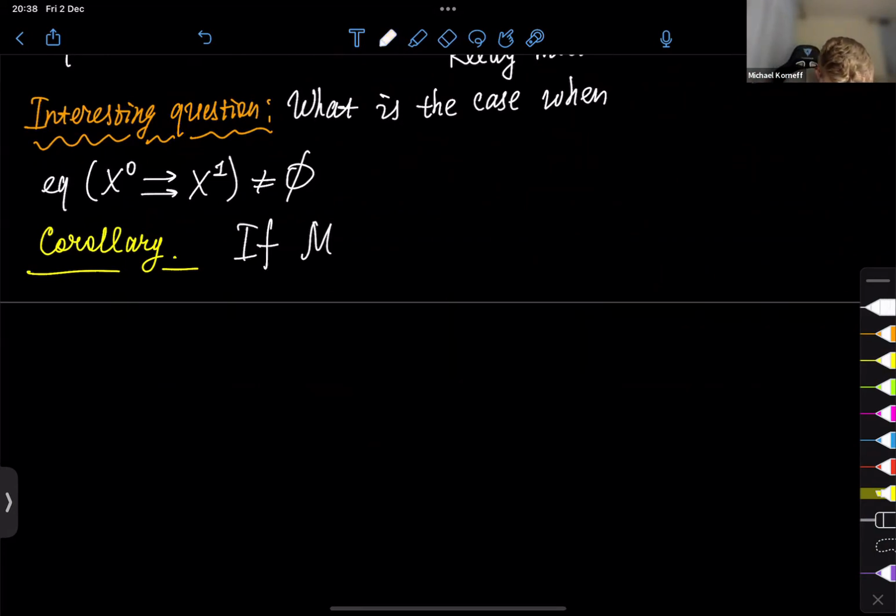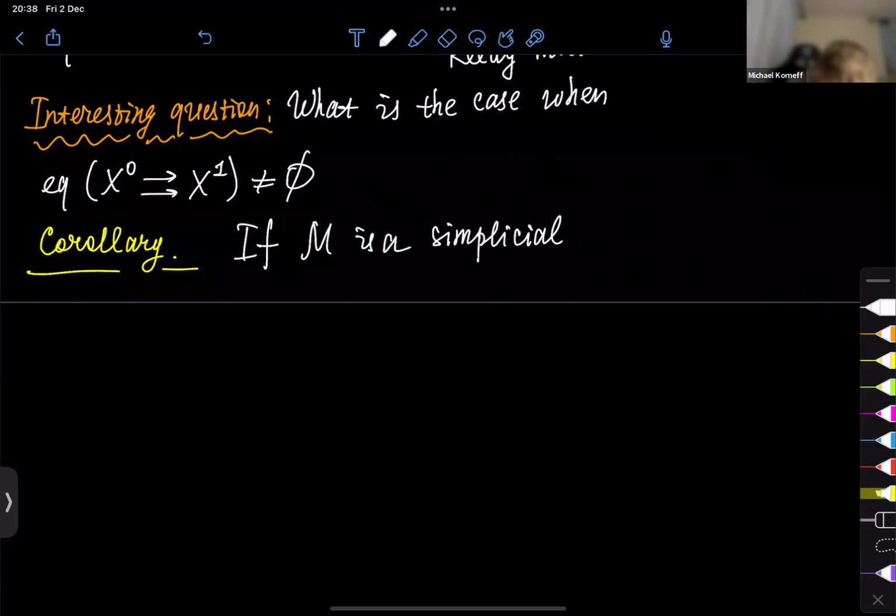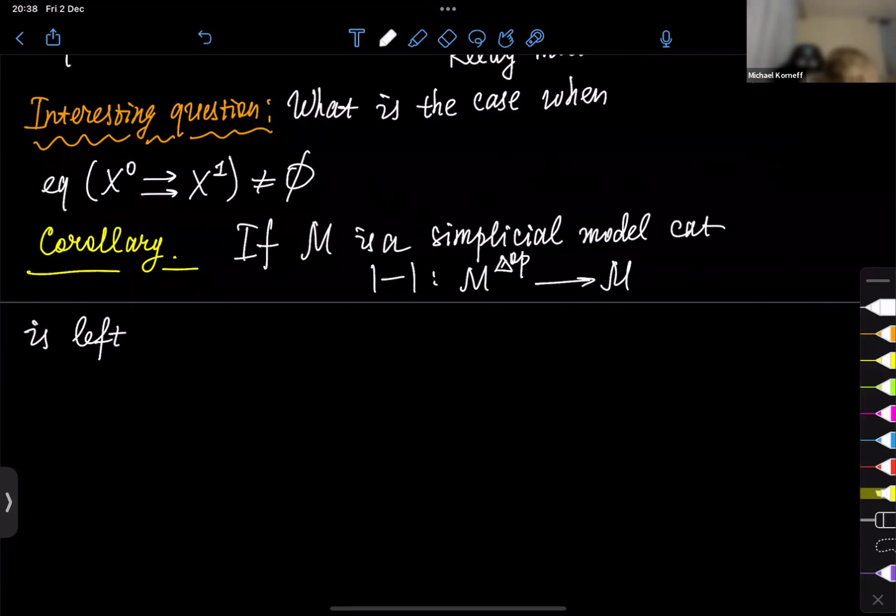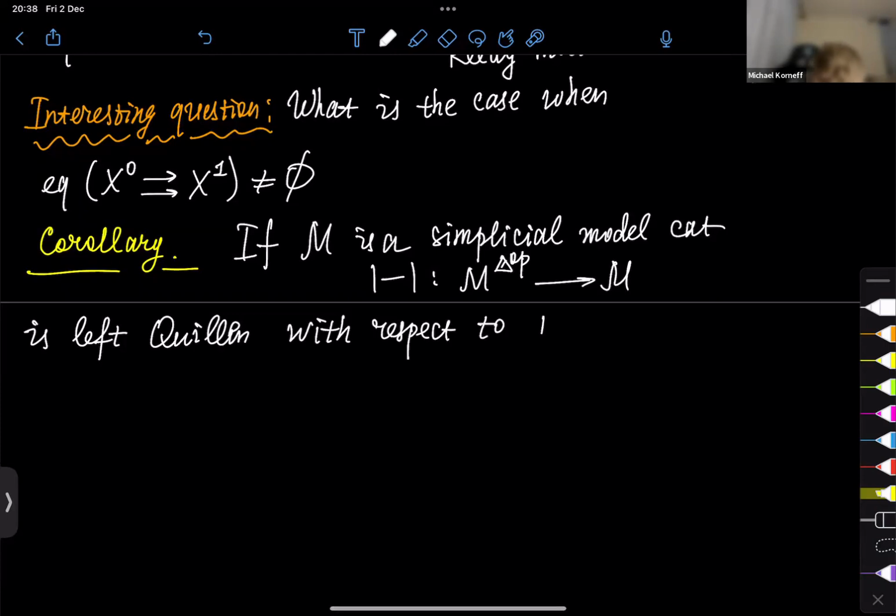If M is a simplicial model category, then the realization functor from the category of simplicial objects in M is left Quillen with respect to the Reedy model structure.